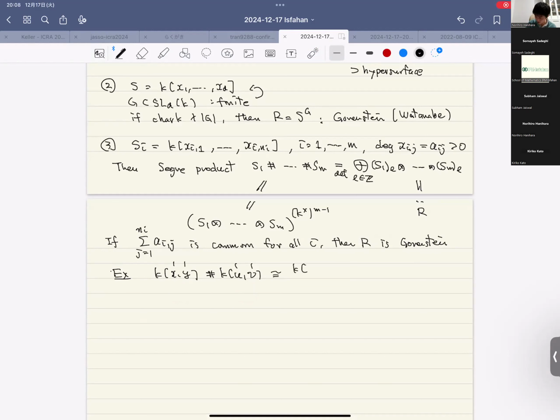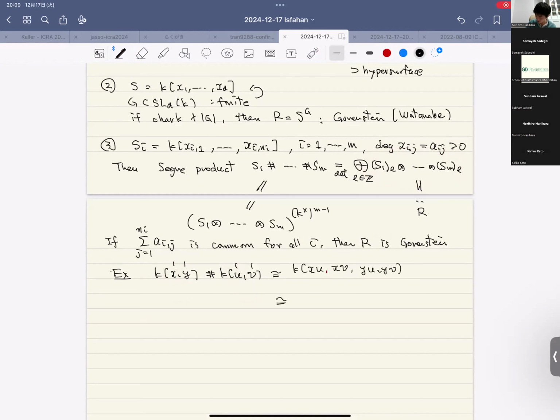The generators would be, we collect elements from the same degree, xu and xv, and yu and yv, and these are generators.